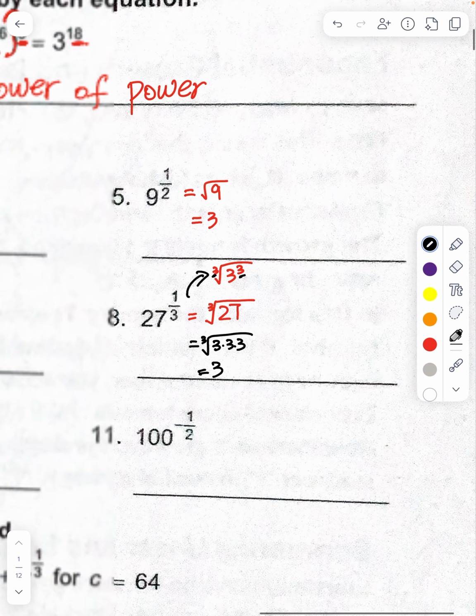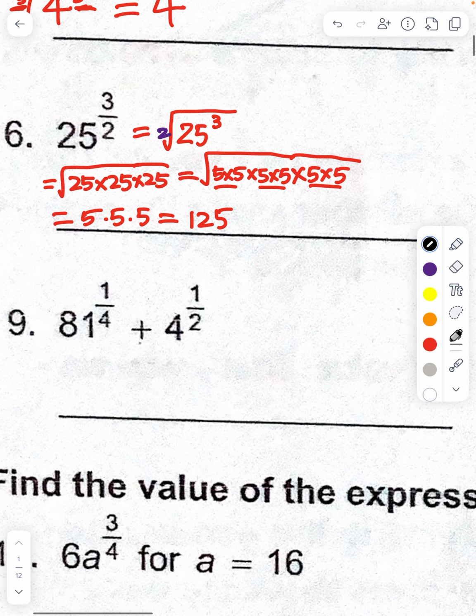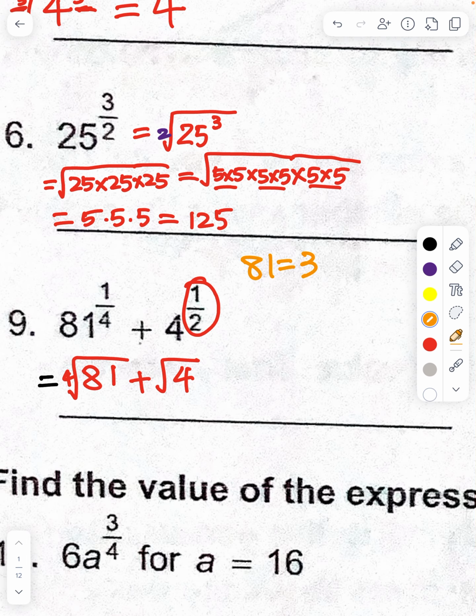Number 9. 81 raised to the power of 1/4. And the power of half, that's just a square root, right? And 81, I can rewrite as 9 times 9, right?